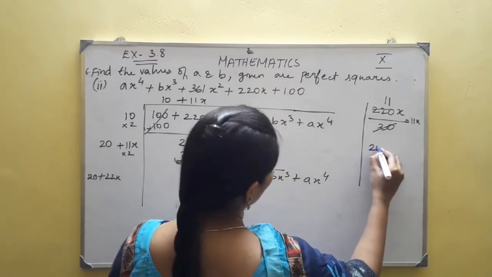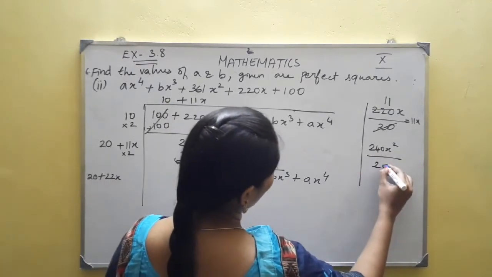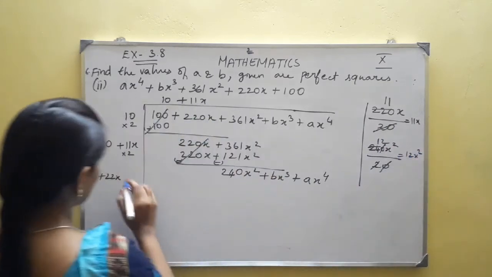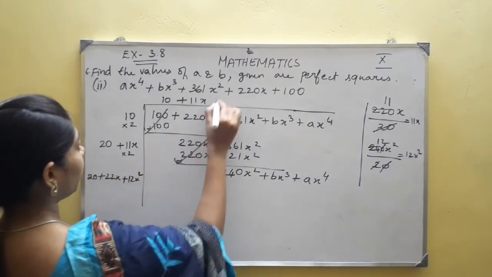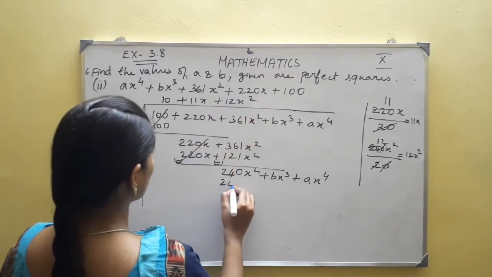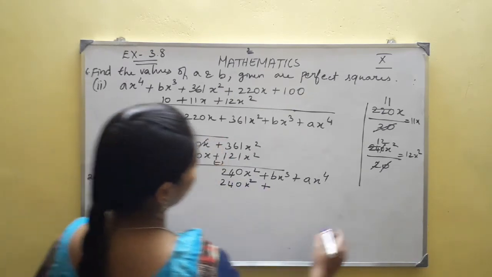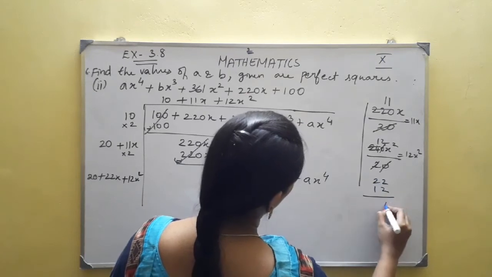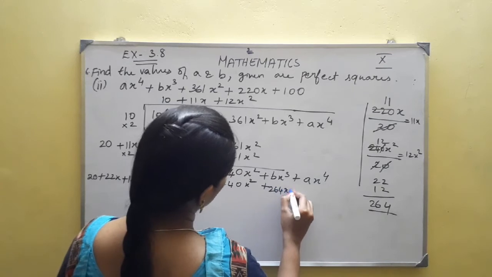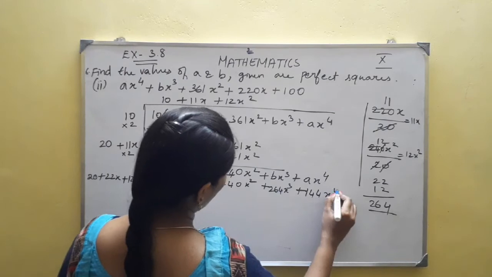Do that part in the rough column. 240x square divided by this 20, the 2 table, gives 12 times, so write 12x square here and here. 20 into 12 gives me 240x square, plus 22 into 12. What is 22 into 12? 264x cube, plus 12 times 12 is 144x power 4.